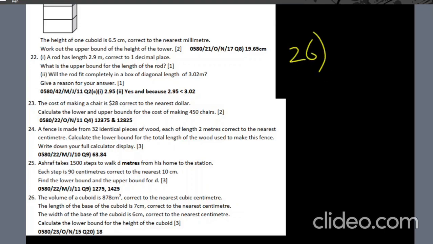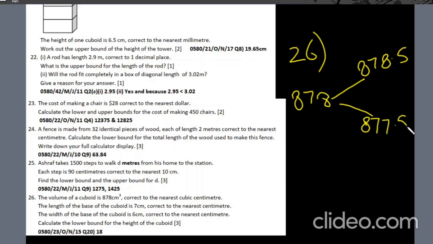The volume of a cuboid is 878 correct to the nearest centimeter cubed. The length of the base of the cuboid is 7 centimeters correct to the nearest centimeter. So 878 correct to the nearest centimeter cubed, the upper bound will be 878.5, lower will be 877.5.